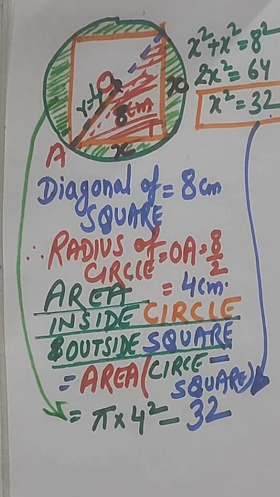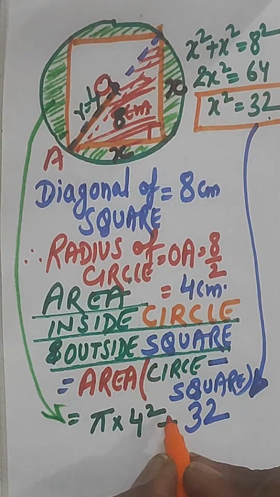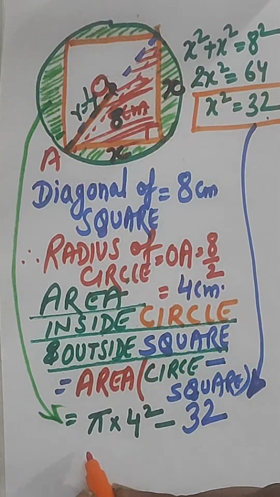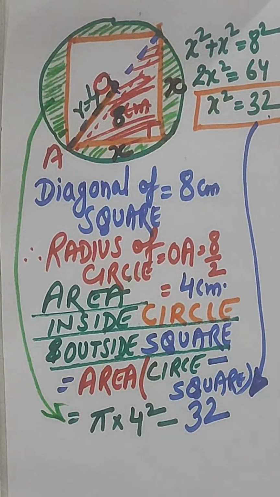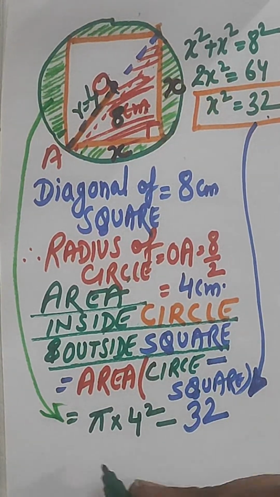Now from here we can take 4 square, that is 16, as common.